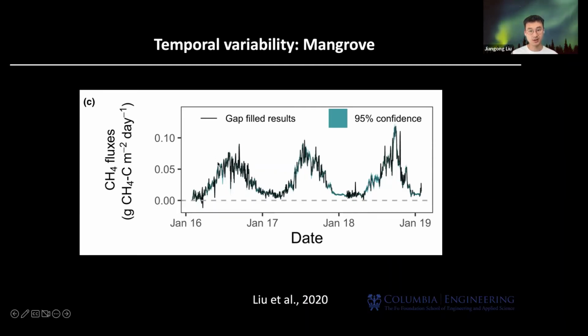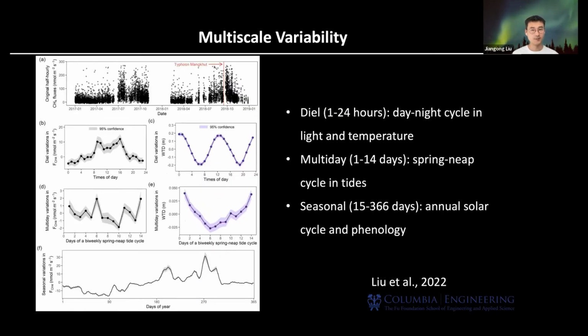During the summertime it can reach the maximum, and during the wintertime, because of the high salinity and low temperature, it is quite close to zero. This top figure shows the original half-hourly methane flux time series.